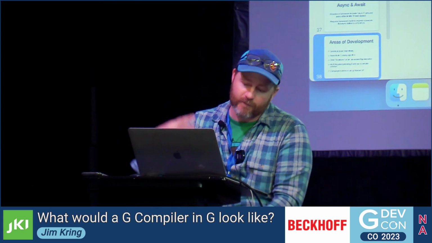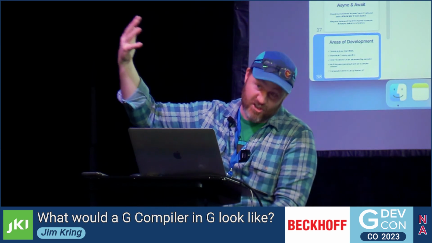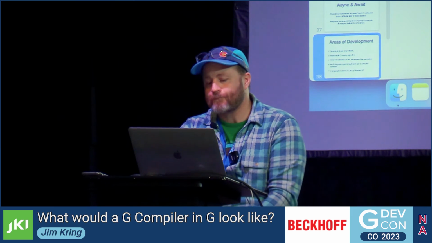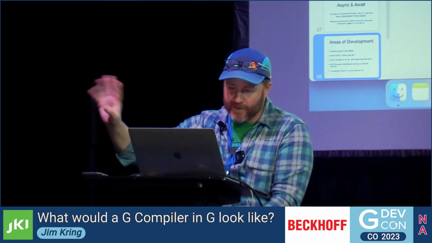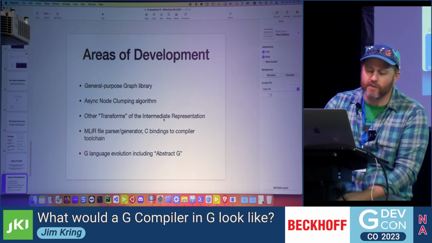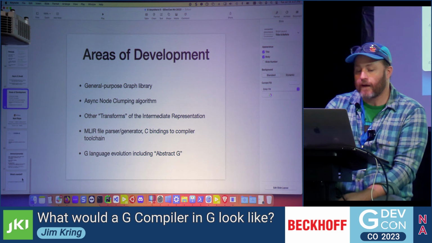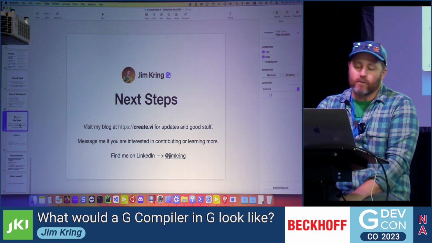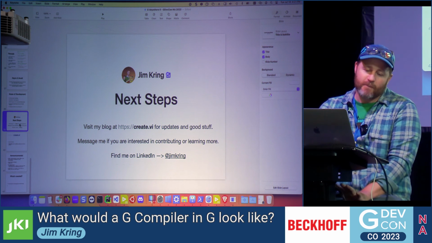So even though MLIR is in a lot of ways like G, one would still have to deal with all that async thread management stuff that I don't necessarily consider myself an expert in. And then also, I think about evolving G as a language. So I'm going to continue posting about this on my blog.